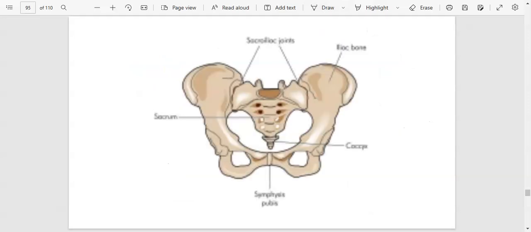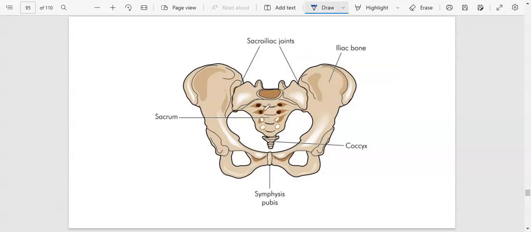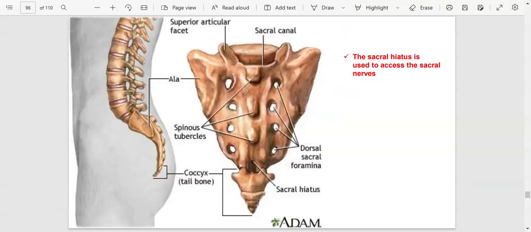So also the sacrum. The sacrum is the last end of the vertebral column, this portion. There are five bones which are fused to make the sacrum, and then the down portion, that's the coccyx, or the human tail, right? So here you've seen there are different parts of the sacrum.